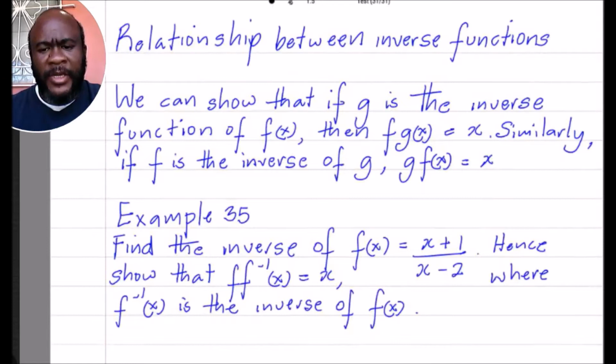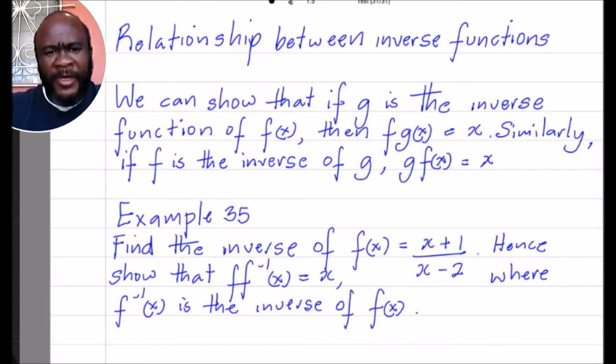All right, so lastly, relationship between inverse functions. We can show that if g is the inverse function of f of x, then f of g of x is equal to x. In other words, the composite function of a function and its inverse is equal to x.